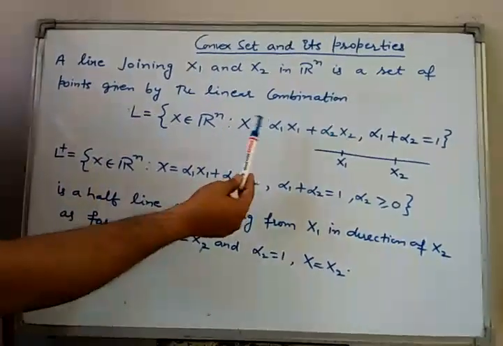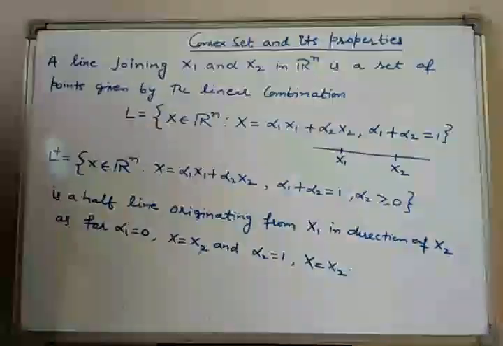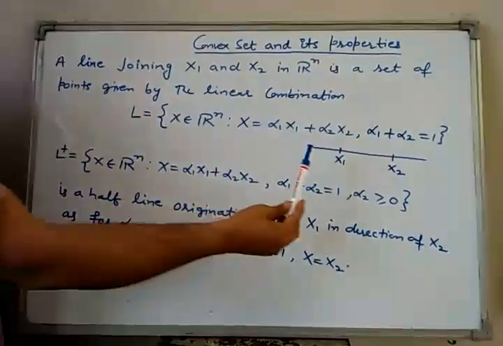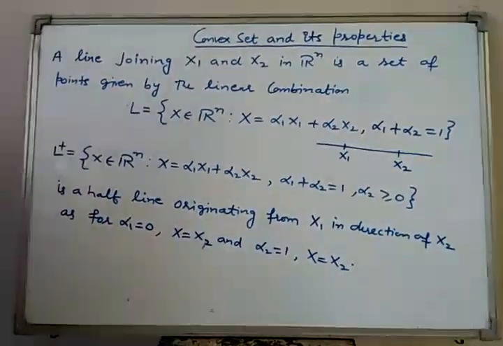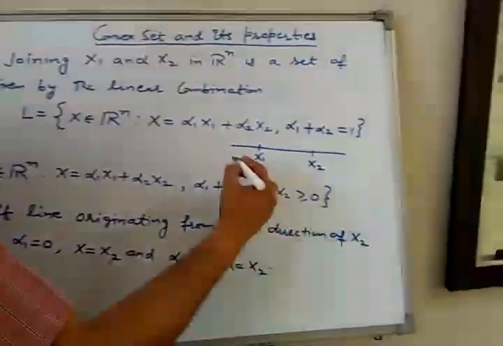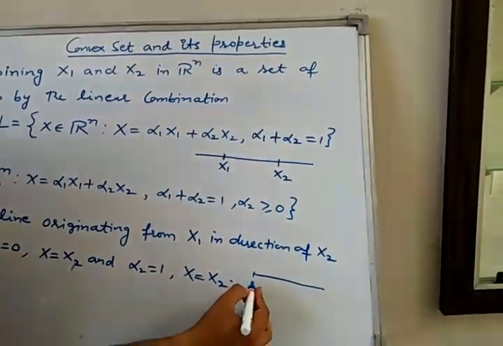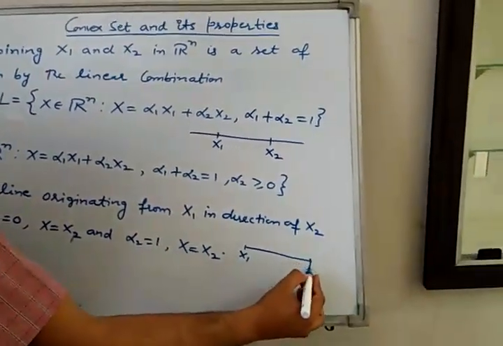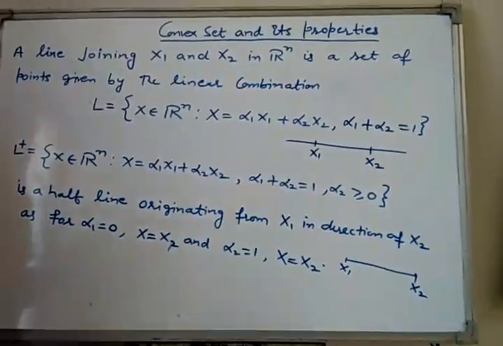I have already discussed how we get this modified equation. This is the equation of the line joining points x1 and x2, and we are interested in finding the line segment joining the points x1 and x2.